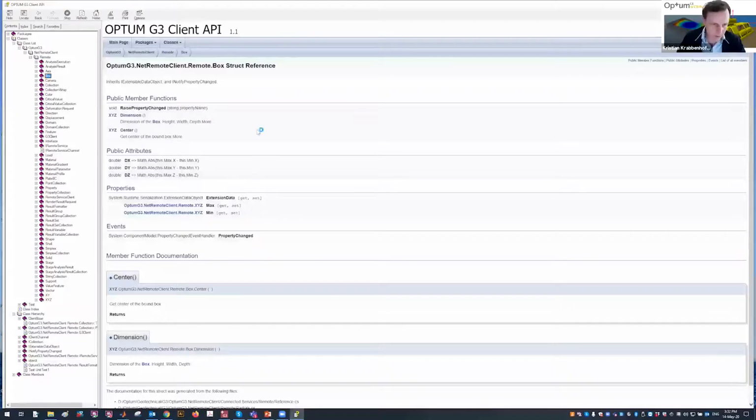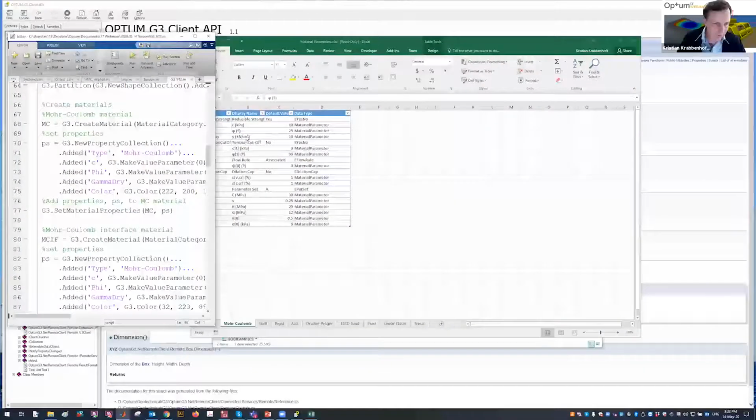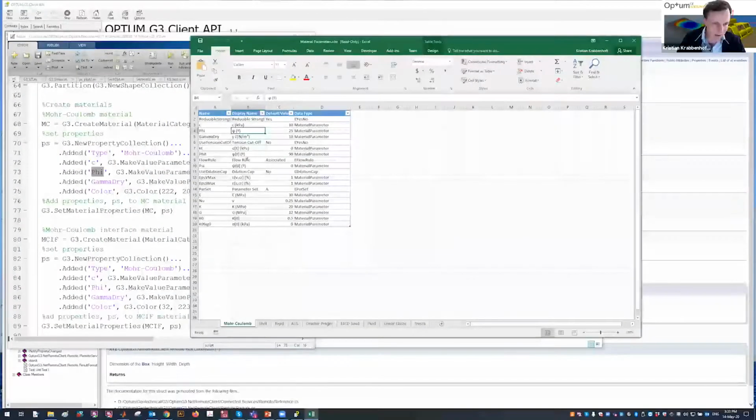The display names are the names displayed in the interface, but those are not necessarily the names you would use when defining the materials in the scripting interface. For example, for Mohr-Coulomb, there's an uppercase phi, which is the Greek lowercase phi displayed in the user interface. So it should be relatively straightforward to get started with the examples we have.